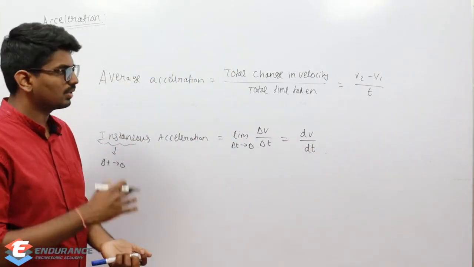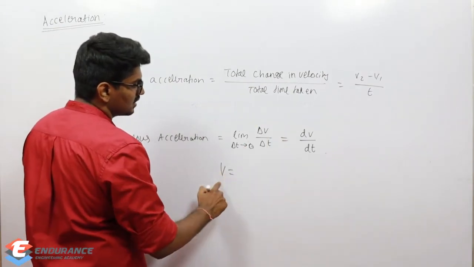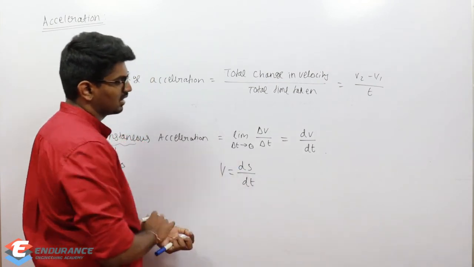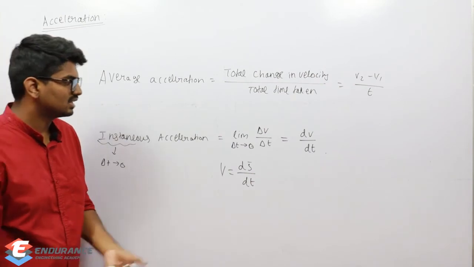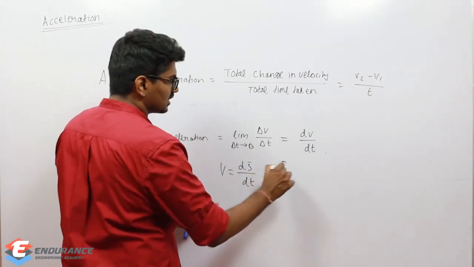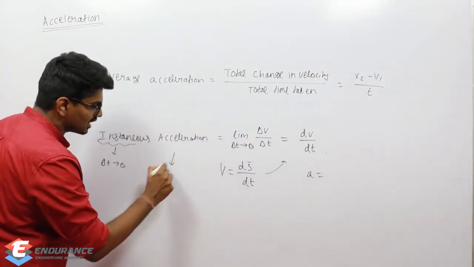See, one more point, we already know that v, that is instantaneous velocity, is nothing but change in displacement with respect to time, right? If you want, you can mark it as a vector, since it is a displacement. So if I substitute this here, what will happen to my instantaneous acceleration?